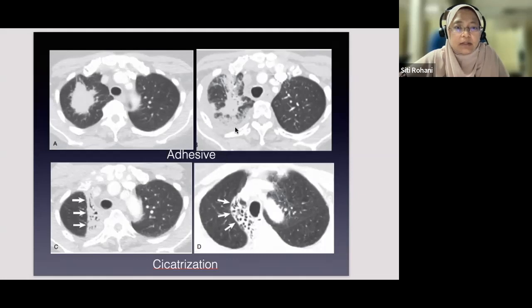And when it progresses, when the acute inflammation has resolved and what is left is only fibrosis, the lung volume is lost, is atelectatic, and is also associated with traction bronchiectasis. You can see very prominent airway within the area of atelectasis. So this is what we call cicatrization atelectasis. Cicatrization atelectasis is because of scarring, volume loss due to scarring of the lung.